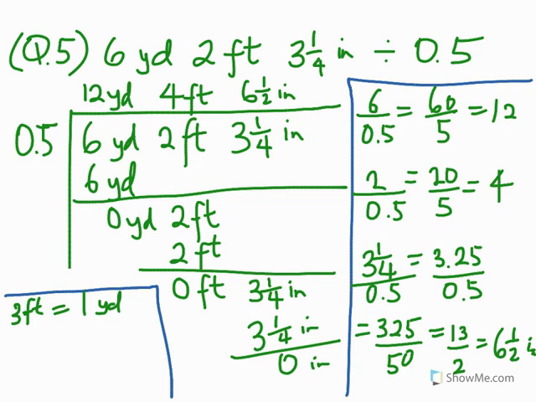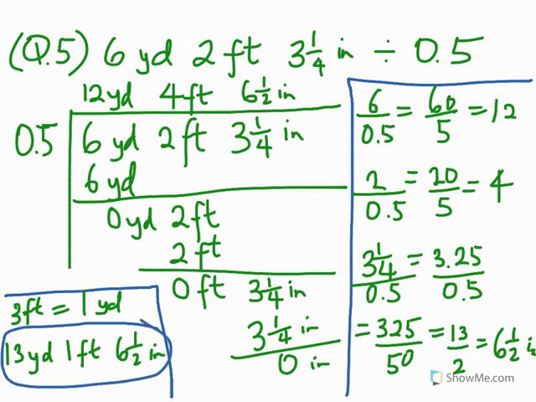And once we get the 1 yard, there will be 1 foot remaining here, right? That 1 yard we add to 12 yards, just like we did in addition. And this will now be 13 yards. Our final answer will be 13 yards, 1 foot, 6.5 inches. And this becomes our final answer.